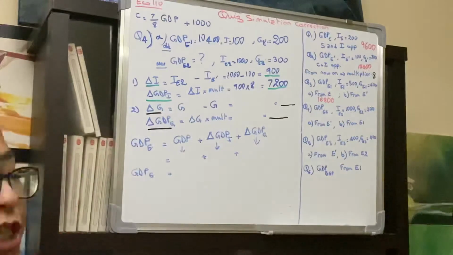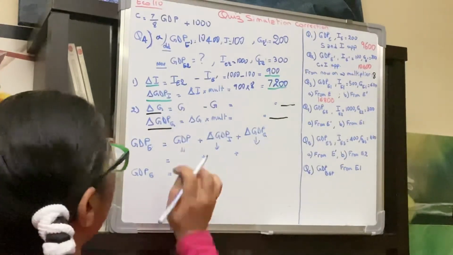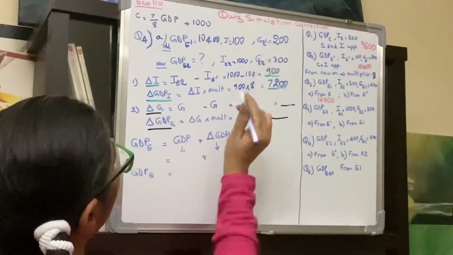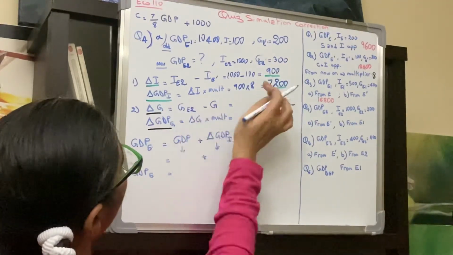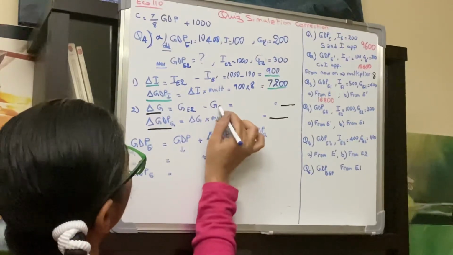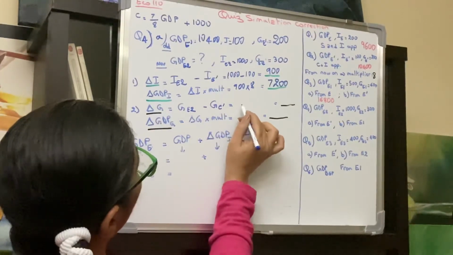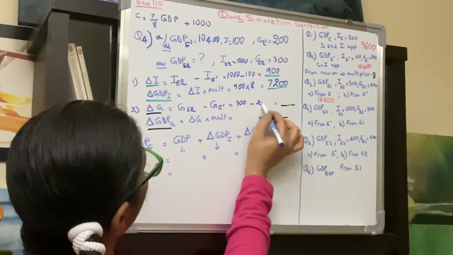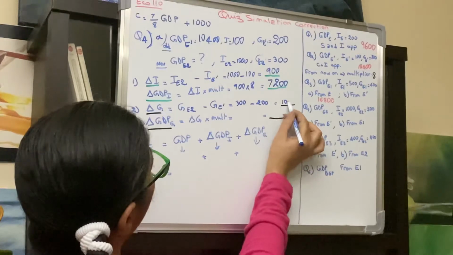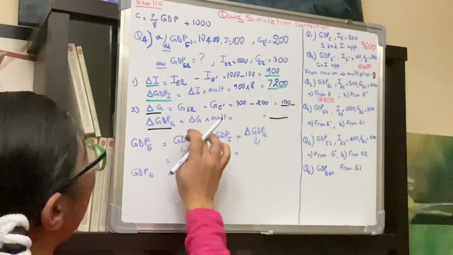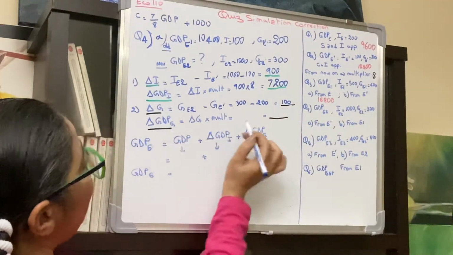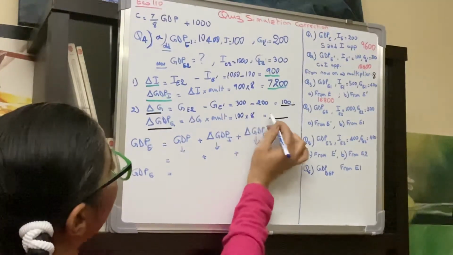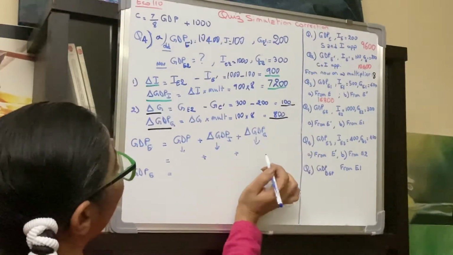That would be your change in GDP due to I. Now I need to calculate the change in government, which is GE2 minus GE prime, which is equal to 300 minus 200, which is equal to 100. Agreed? Now, delta GDP due to government would be 100 times 8, which is 800. Okay?